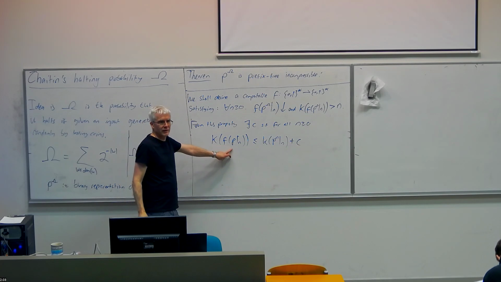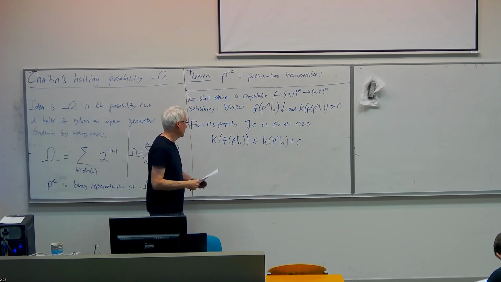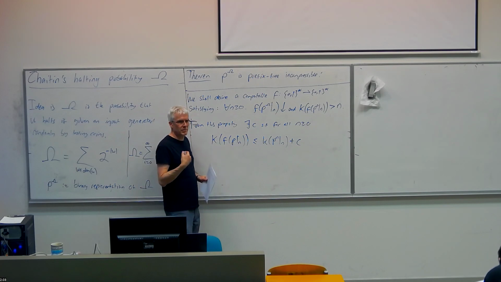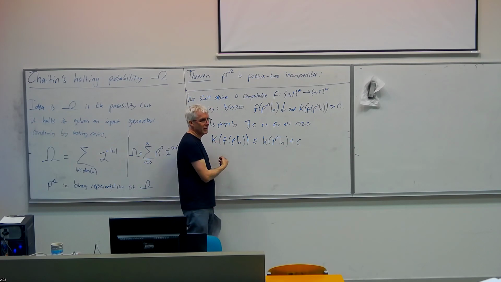So why does this hold? Well, in the lecture notes, this is a lemma, but it's very easy to understand. The lemma is whenever you have a computable function on words, it can only increase the prefix-free complexity of the input word by a constant at most. Because when you've got a computable function, if you've got any description of an input word, you can simply use the description of the computable function itself together with a description of the input word to give you a description of the output word.